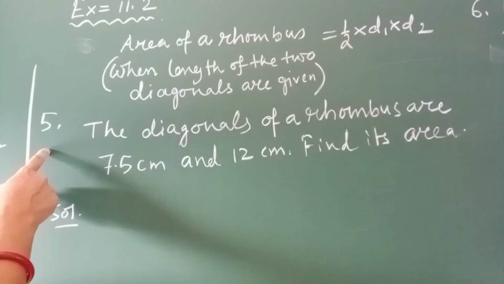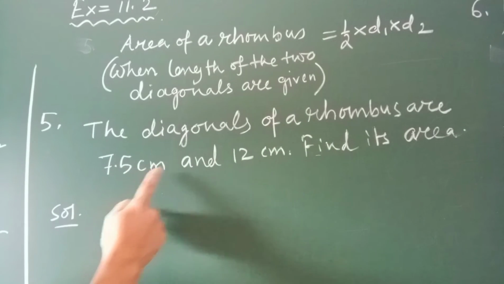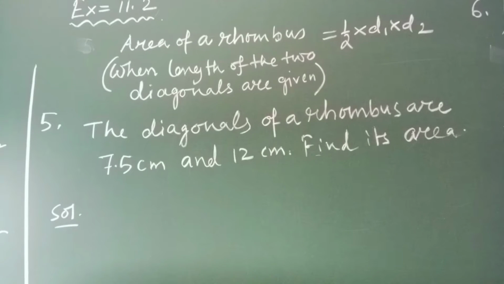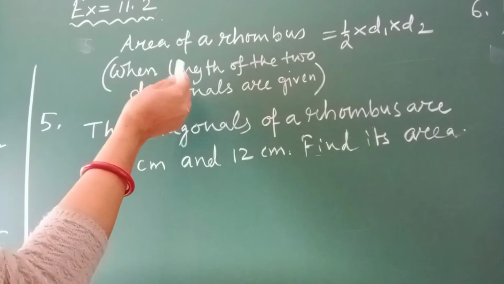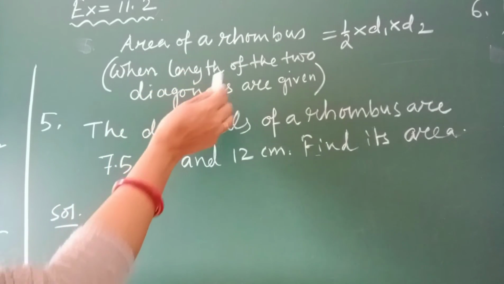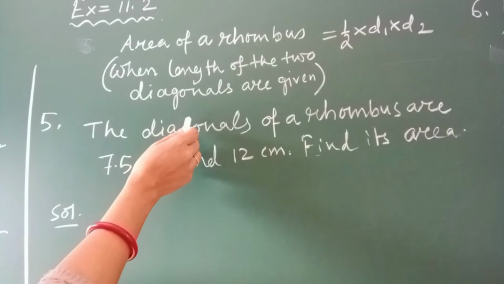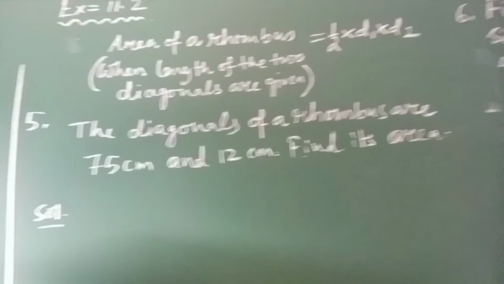Question number 5. The diagonals of a rhombus are 7.5 centimeter and 12 centimeter. Find its area. Before starting this sum, we have to recapitulate the area of a rhombus. When two diagonals are given, how to find the area of a rhombus? It is half into D1 into D2.